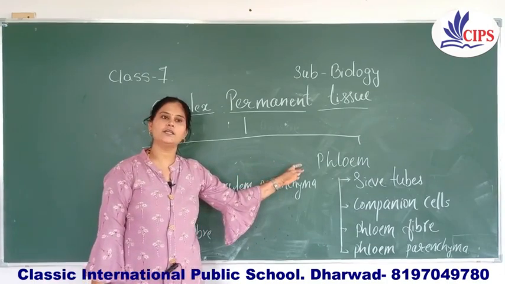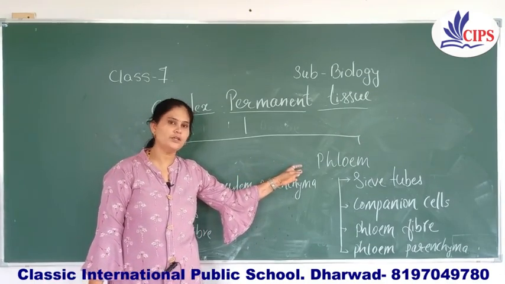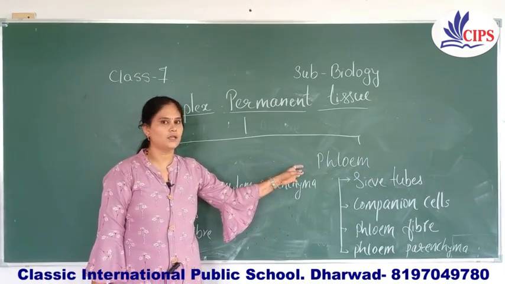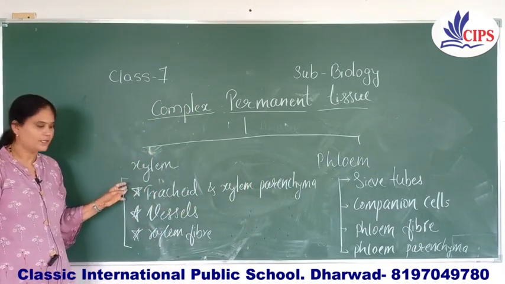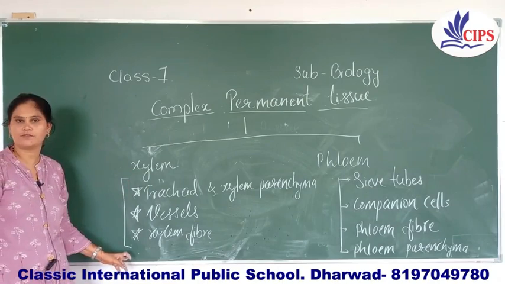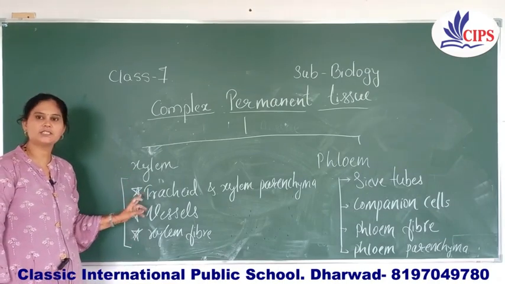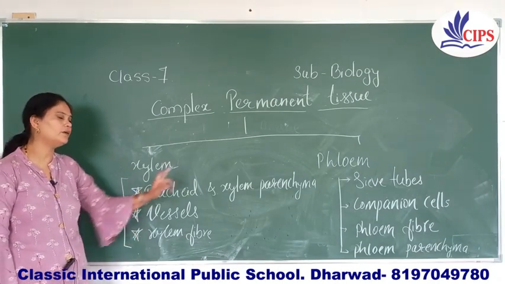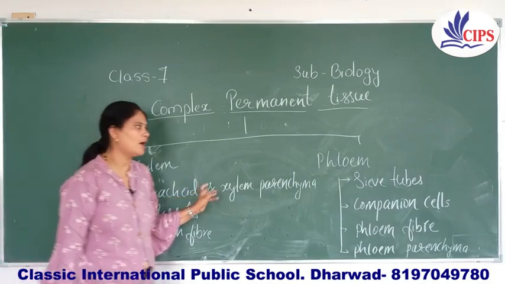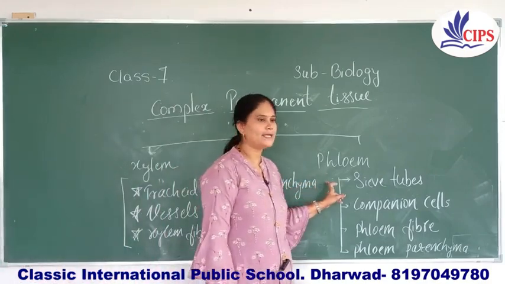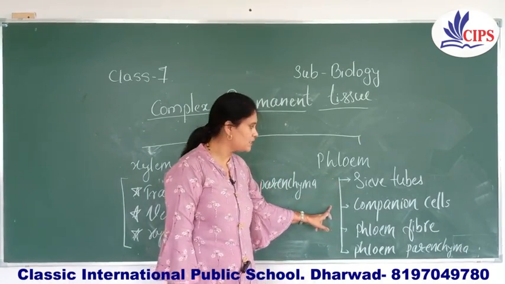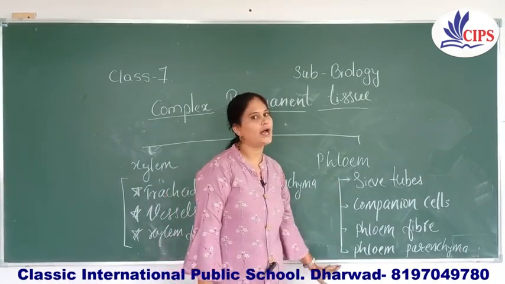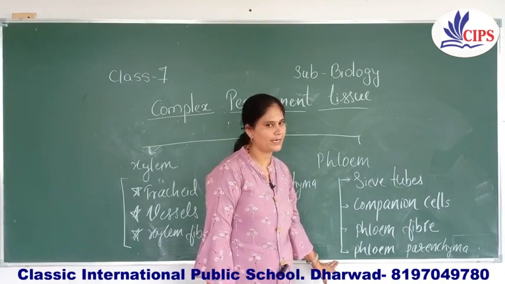Phloem is a food conducting tissue, supplying the food from the leaves to all the other parts of the plant. The xylem has 4 different types of cells: tracheids, vessels, xylem fiber and xylem parenchyma, whereas the phloem is made up of living cells: sieve tubes, companion cells, phloem fiber and phloem parenchyma.